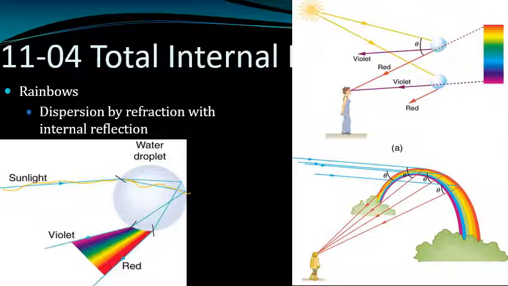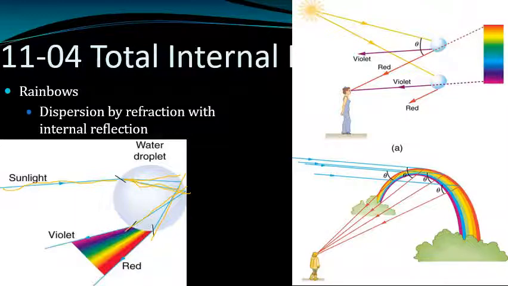The red goes over here, bounces with internal reflection there. Because of the difference in indices of refraction, one color is bent more than the other, and it's split into the rainbow.